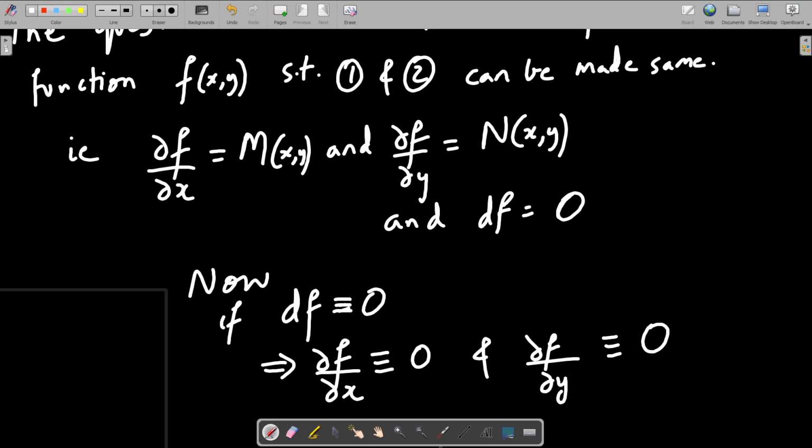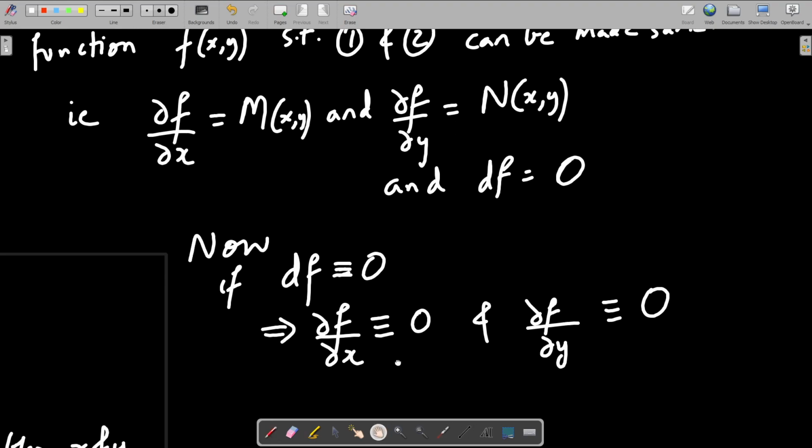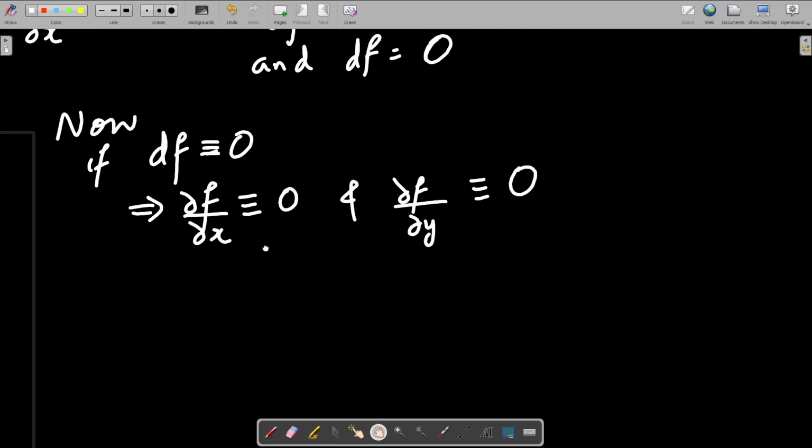Now you know this, if the derivative of a function is 0, what does it mean when you study in 12th standard? What kind of functions have 0 derivative? Constants, right? So here I'm talking of a function f which is a function of x and y.